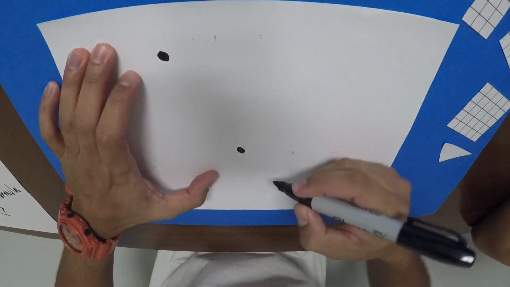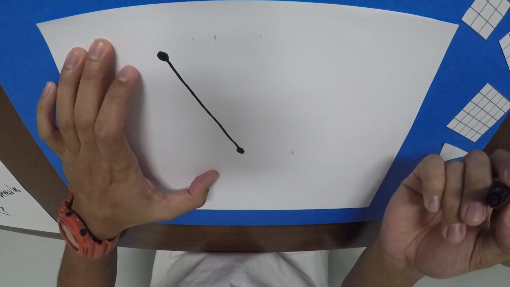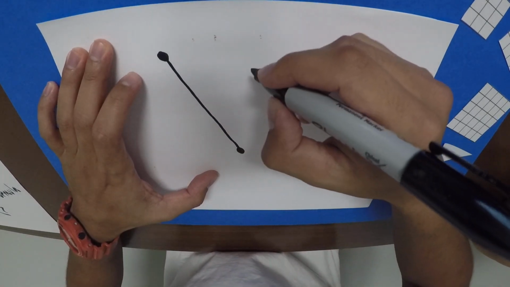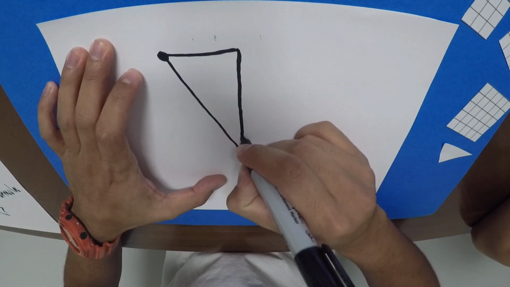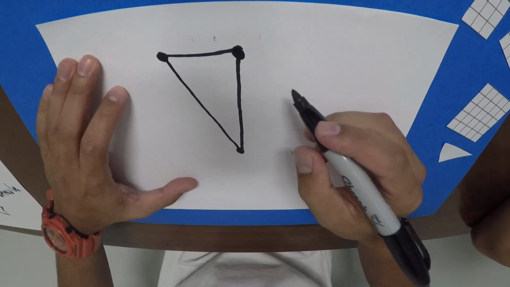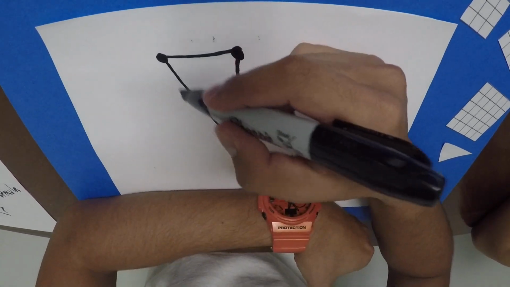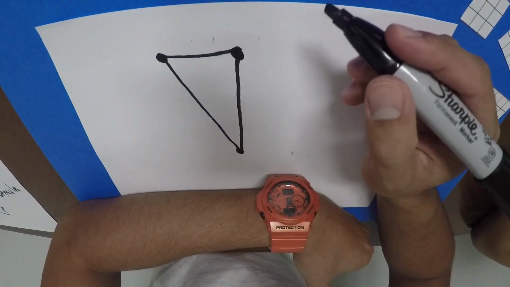So we can take this route, or we can go this way, and this is our other angle. GPS is telling us these are the only two options.